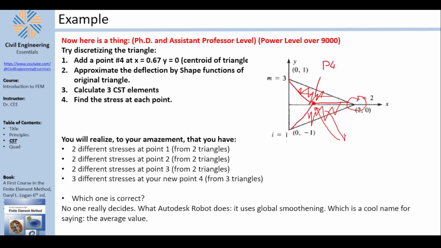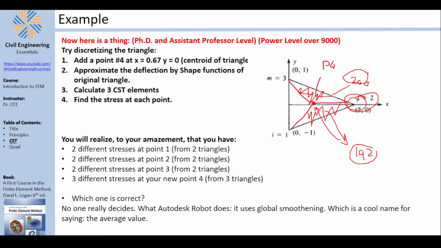Each triangle has its own sigma x, and let's say this triangle has a sigma x of 192, and this triangle has a sigma x of 200. Now, both triangles share point number 2, but what is the sigma at point number 2? Is it 200 from this triangle, or is it 192 from the other triangle? Now, if I want to be frank with you, I have no idea.